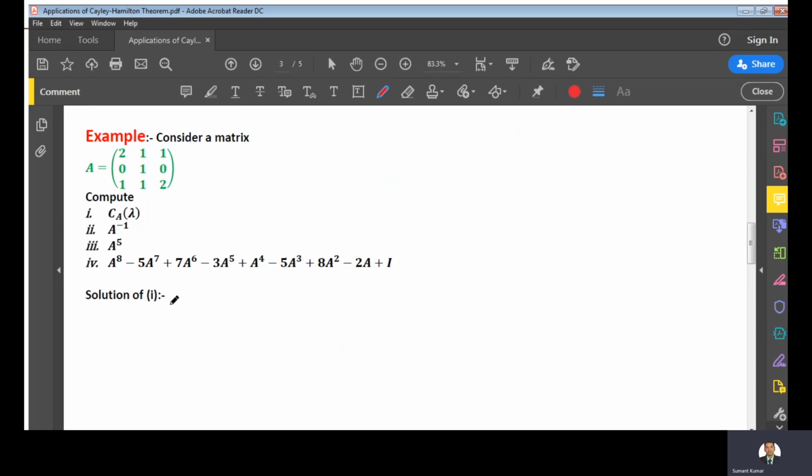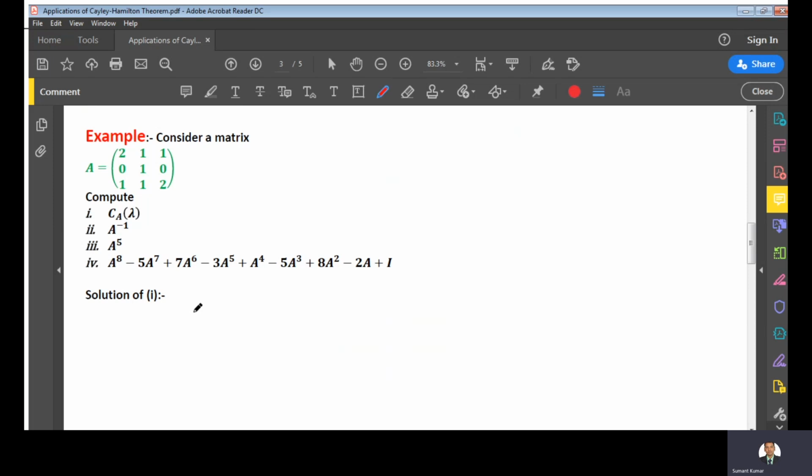So let us first find the characteristic polynomial. As I already discussed in a video, you can find the characteristic polynomial in one line using the trace, determinant and sum of minors of order r.